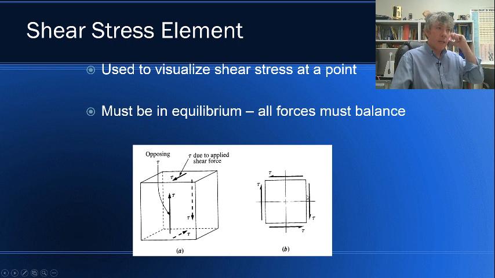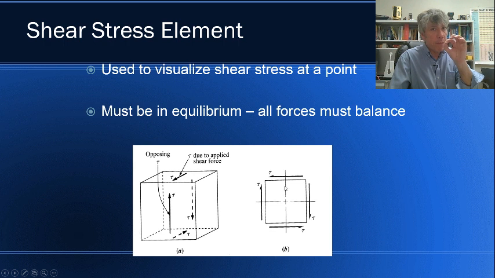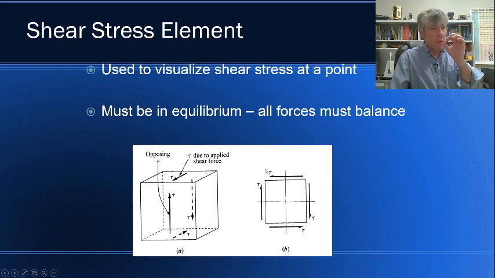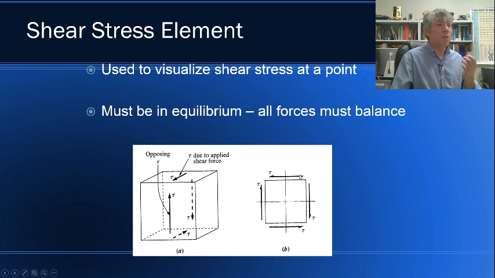So to keep the element in equilibrium and to satisfy statics, because we can apply statics to little bitty pieces of material that are actually inside of larger bits of material, if we're going to have a shear force here and an opposite shear force here, we have to naturally have these other two shear forces. So shear force never exists by itself. If you imagine an infinitesimal point of material, there are always these other shears as well that are generated as a natural byproduct of that one shear stress.